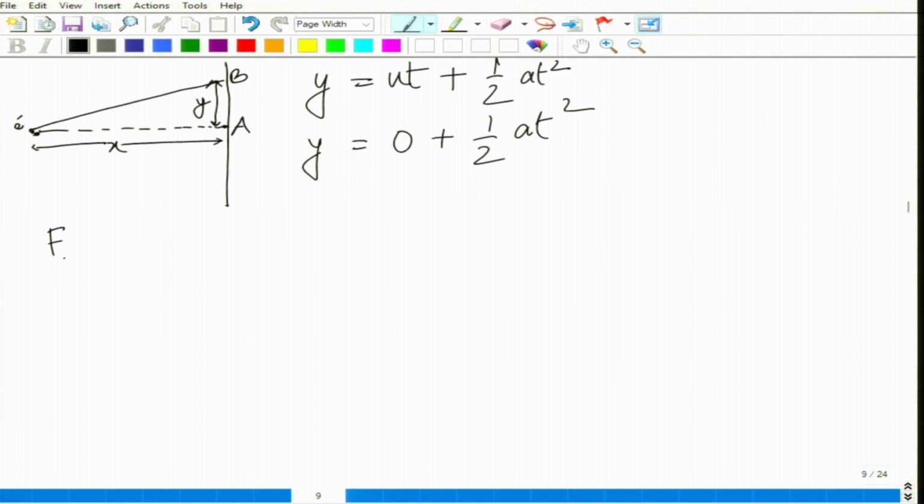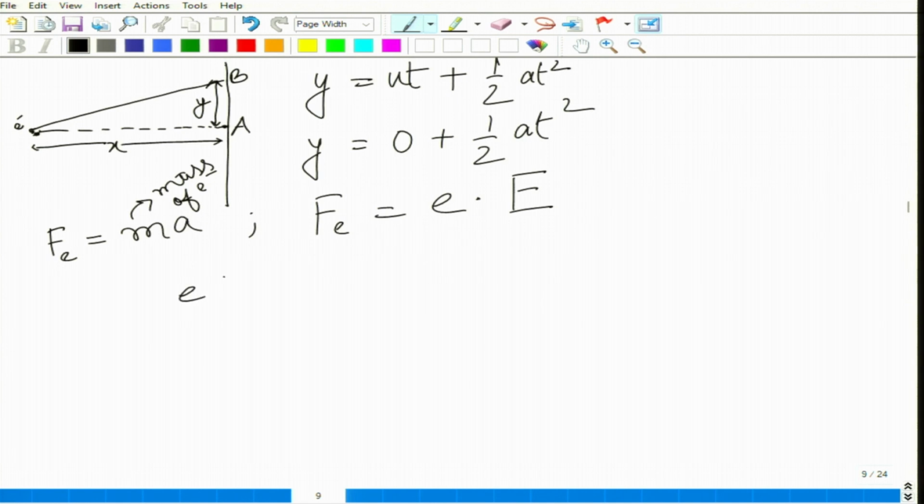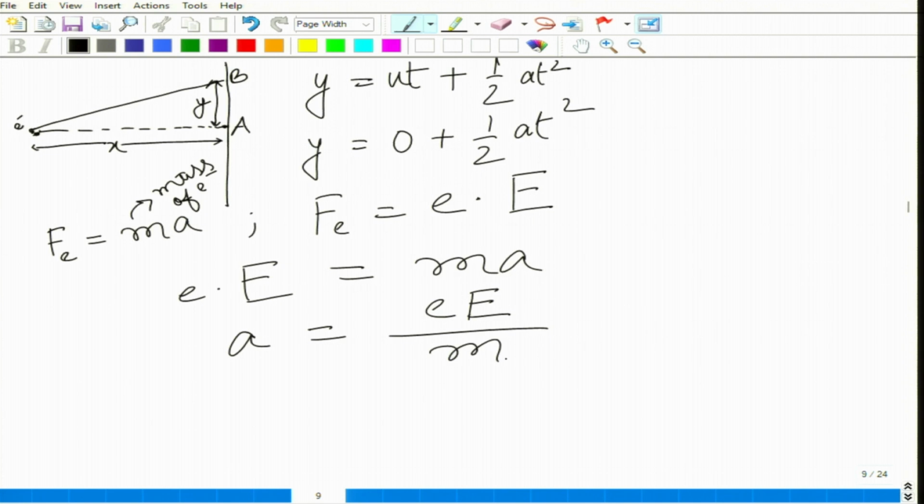Now the electric force F equal to ma, that is the mass of the electron and acceleration of the electron. We know that Fe equal to charge of electron into the electric field. Therefore, e into E, capital E, equal to m and a. So we get the value of a here. a is equal to this.